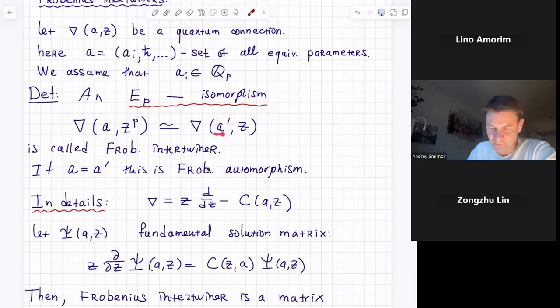If A prime and A coincide, so if you don't need to change the parameters, then the Frobenius intertwiner is called the Frobenius automorphism.